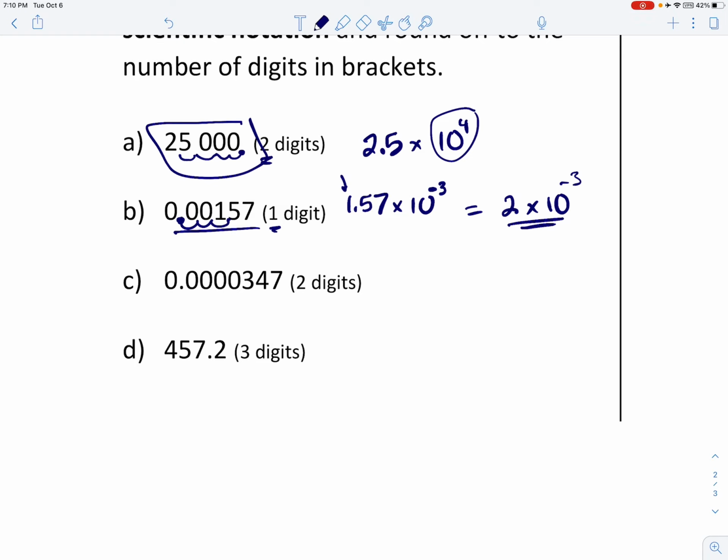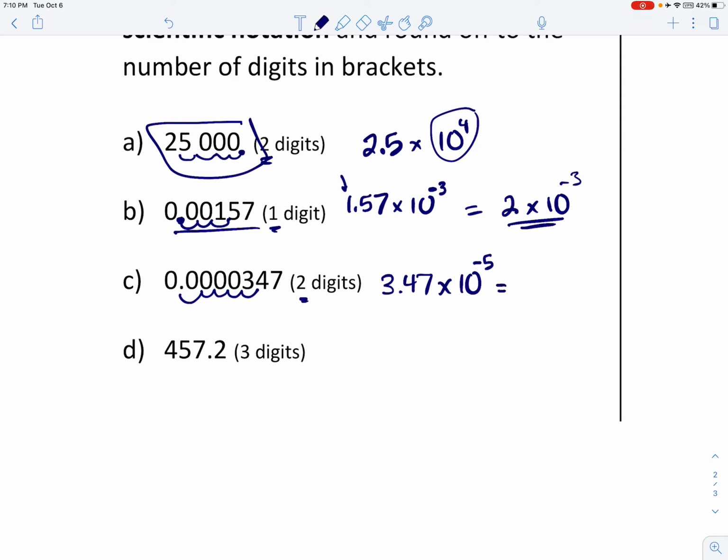This next one is again a number less than 1, so when you write it, you should have a negative exponent on the 10. To get a number between 1 and 10, we have to move the decimal 1, 2, 3, 4, 5 places, and I get 3.47 times 10 to the negative 5. 5 because I moved the decimal 5 spaces, negative 5 because it's less than 1.